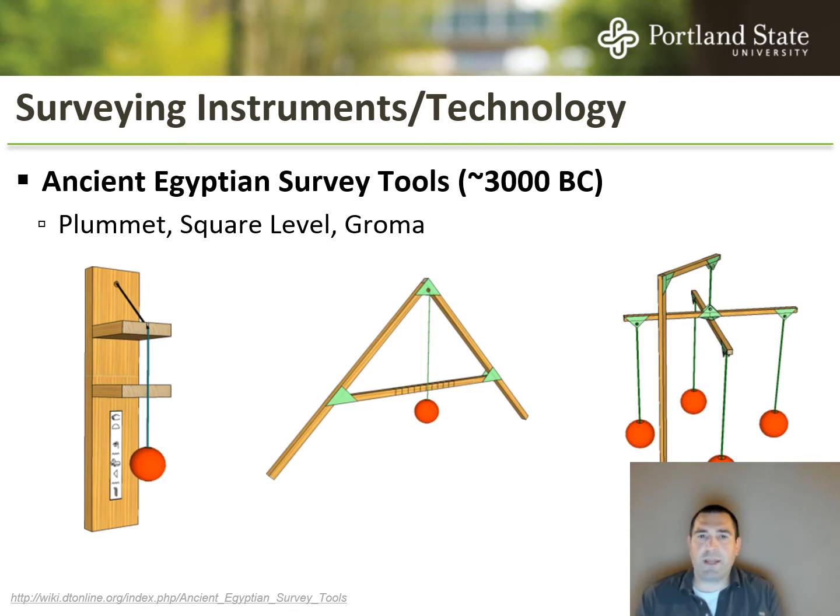A groma is a way of laying out orthogonal lines, so identifying the edges of a rectangular lot. This is also similar to what's known as a surveyor's cross. Just ways to help lay out straight lines, which were pretty important even back then, especially with the large public works that the ancient Egyptians were involved with.